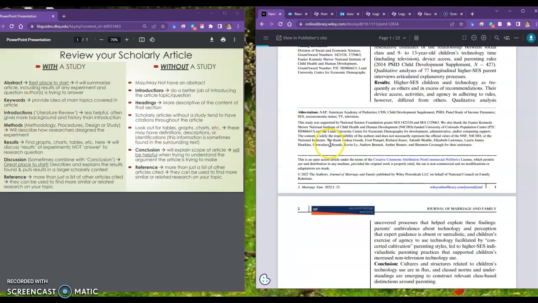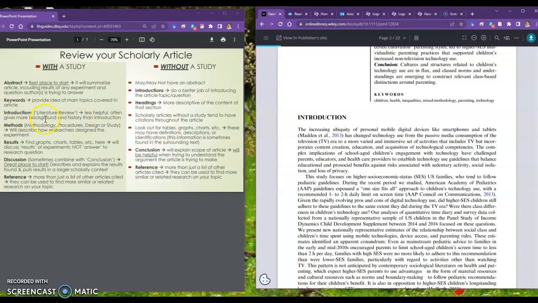Okay, the introduction is the next section there. This is less helpful. Remember the sandwich method? We skip this section because usually it just gives you more background and history. So that's why I skip that until later on when I use the sandwich method.